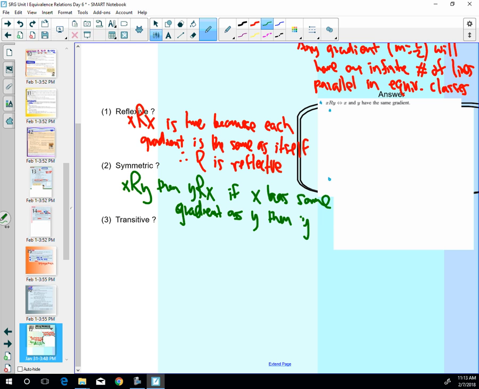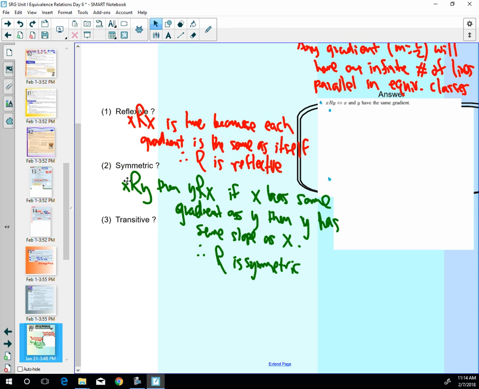Y has the same slope as X. Therefore, R is symmetric. That relationship. Symmetric.